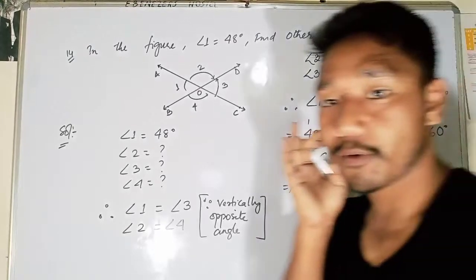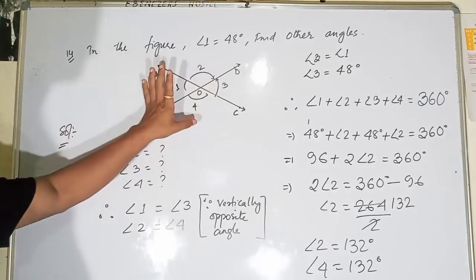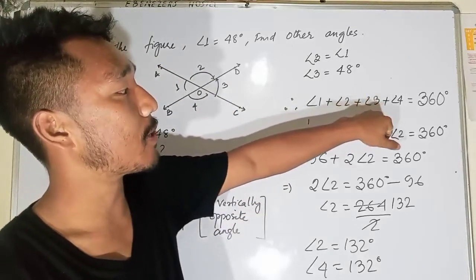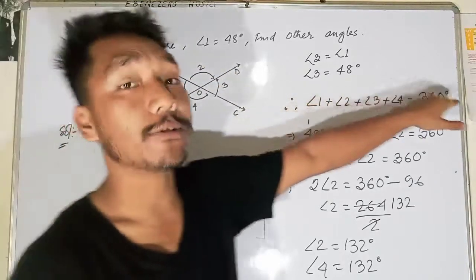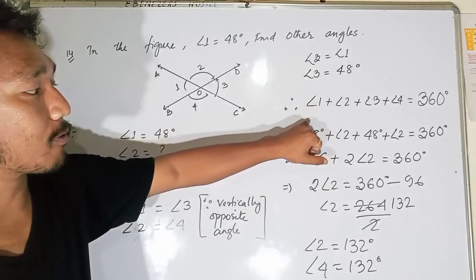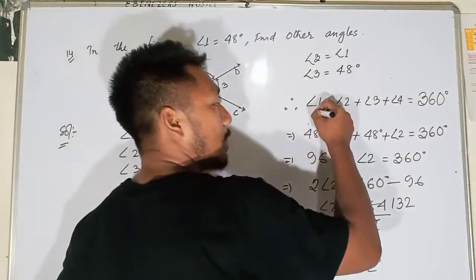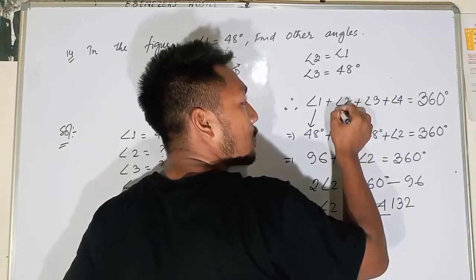I hope you have written down all these equations. The sum of all the angles is 360, so angle 1 plus angle 2 plus angle 3 plus angle 4 is equal to 360. Now angle 1 is equal to 48, so in place of angle 1 I am writing 48. Angle 2 we don't know, so I'm repeating it here.